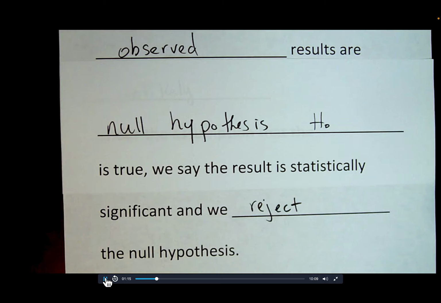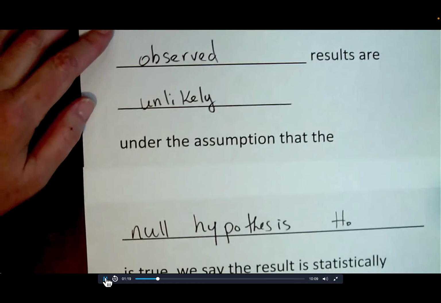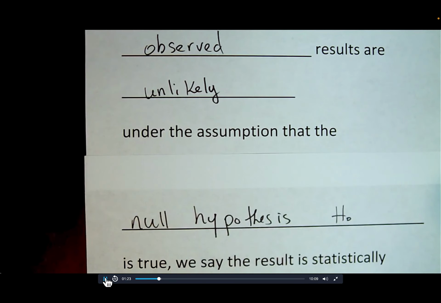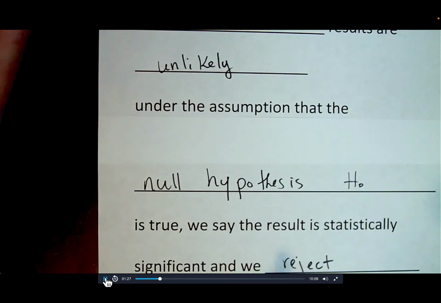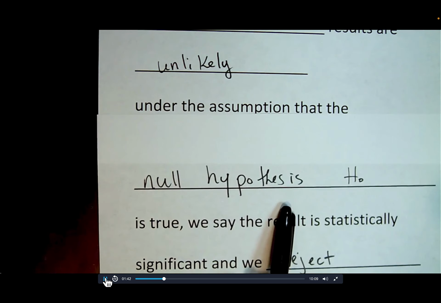So hopefully you remember from the last videos that we start out assuming the null hypothesis is true. And you have to start out somewhere. And you'll see as we go on and do hypothesis testing that we're going to use the statement in the null hypothesis.